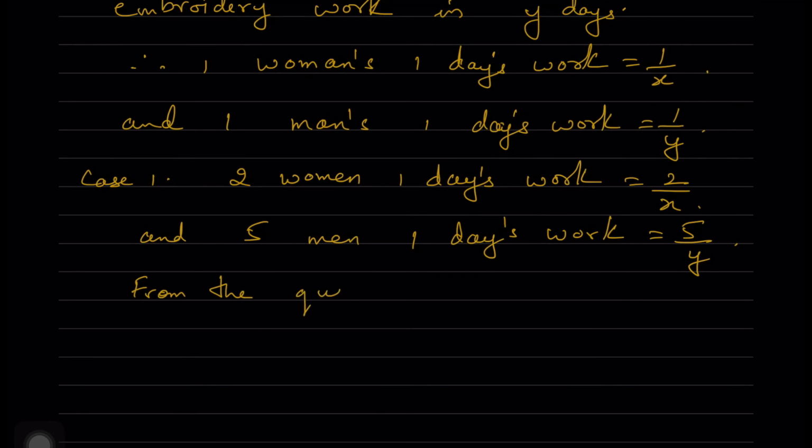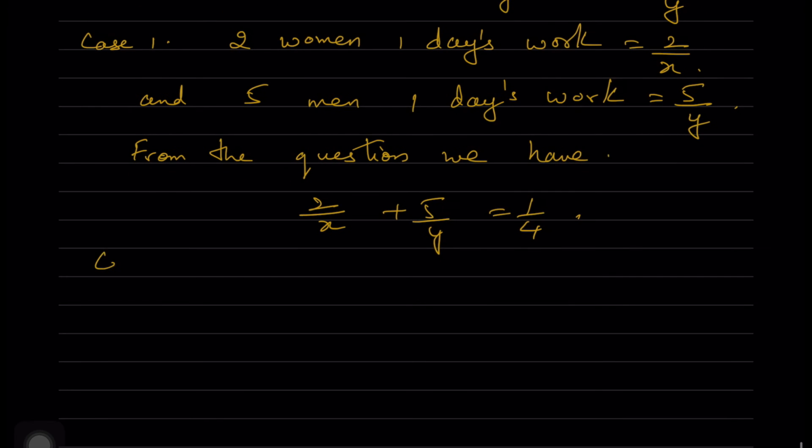Therefore 2 by x plus 5 by y, both of them together can finish in 4 days, that is 1 by 4. We are taking it as 1 by 4 because we are taking only 1 day's work, a part of the work.